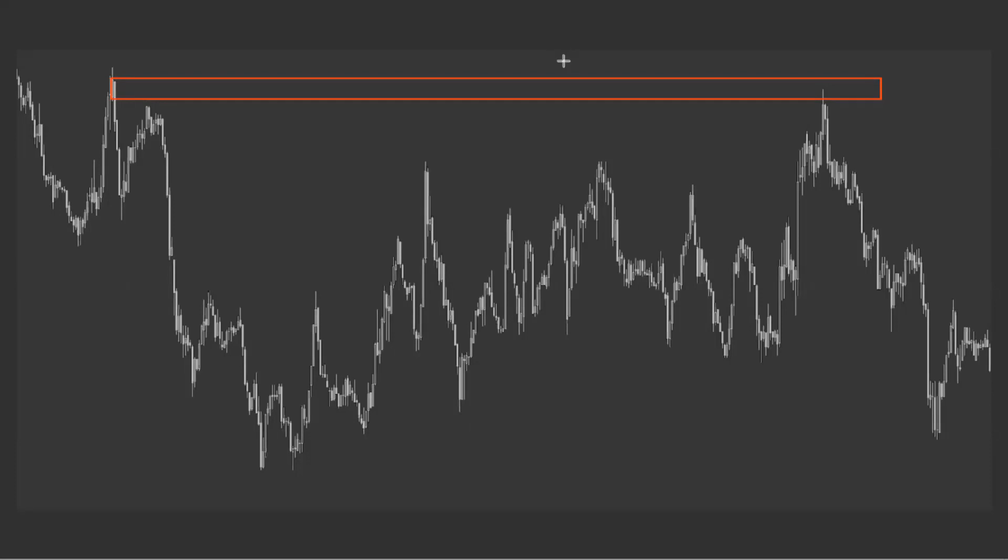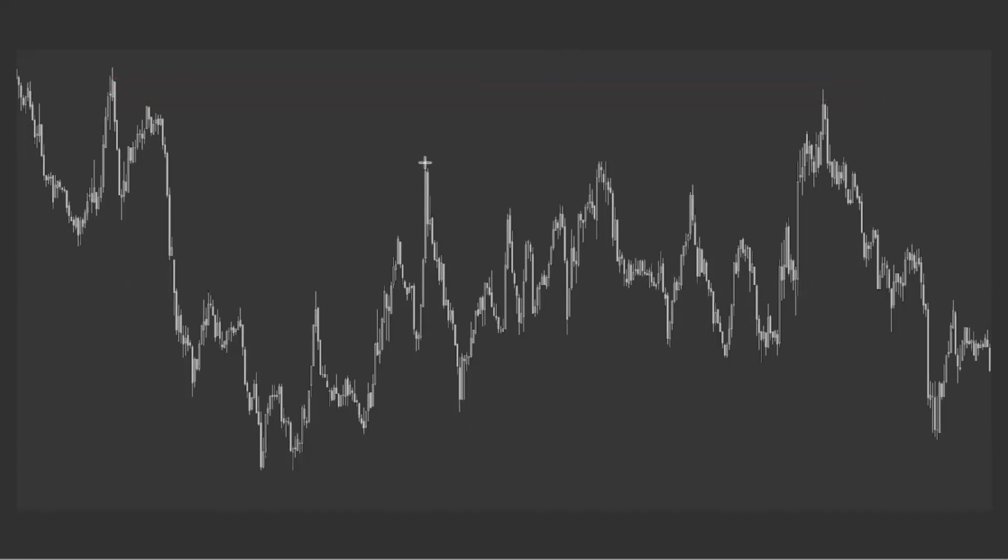So there's actually a really nice full spake setup here as well, but I'll come onto that in a couple of weeks. What I want you to pay attention to is this structure up here, because it takes almost exactly the same form as your setup on the higher time frames, and that's what I mean when I talk about price being fractal. It's the same structure, illiquid move into the level.